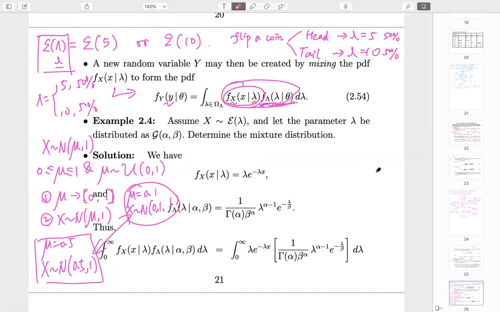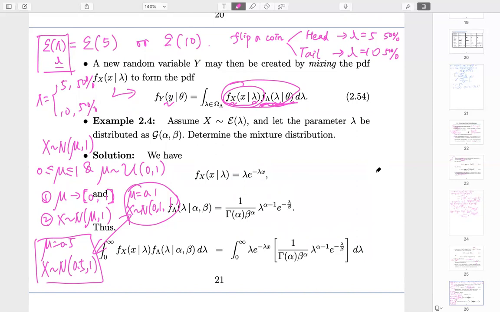You can think of this as a two-step process. The first step is random sampling from a gamma distribution. So you grab a random number from this gamma distribution. Let's say you end up with 1. So lambda is 1. Then your y will be exponential 1.